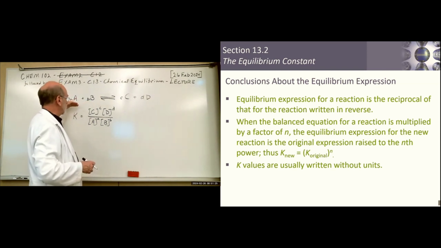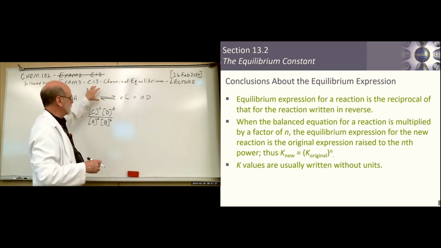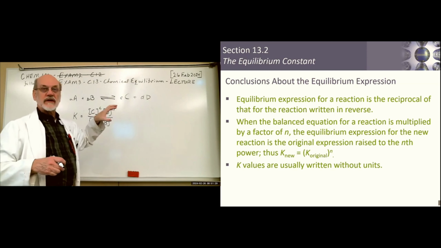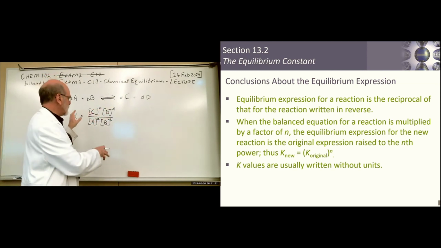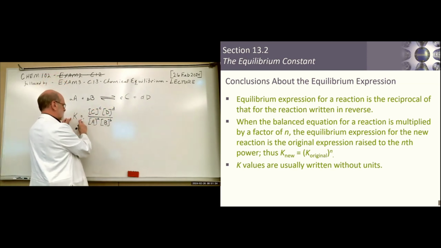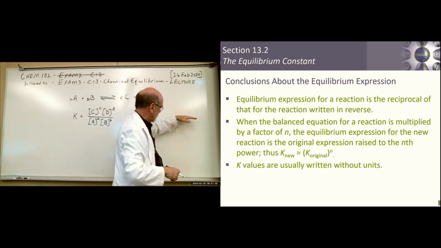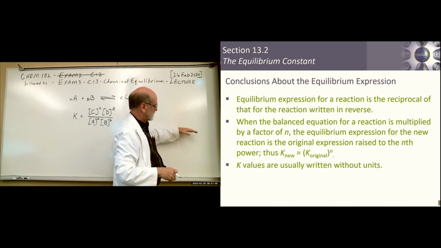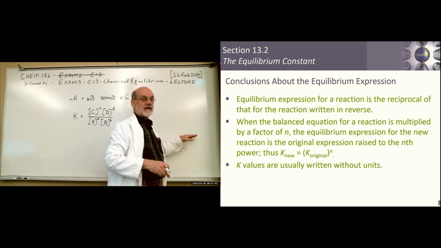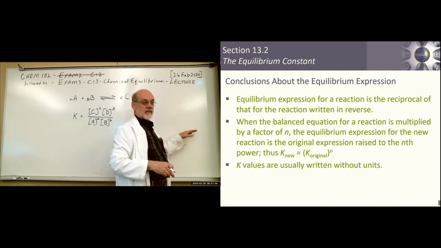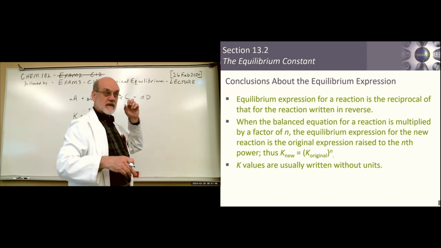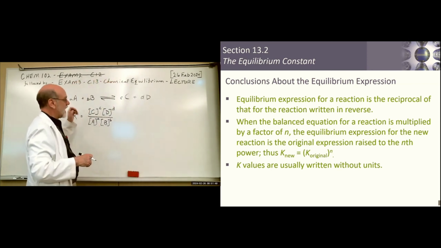If we have more than one equation that we want to add together to give us this one, then what we need to know is how we can manipulate this expression and give us the correct equilibrium constant for each of the additive steps, and then put them together to give us the overall K for that reaction.